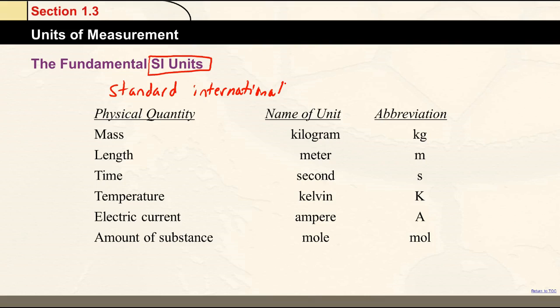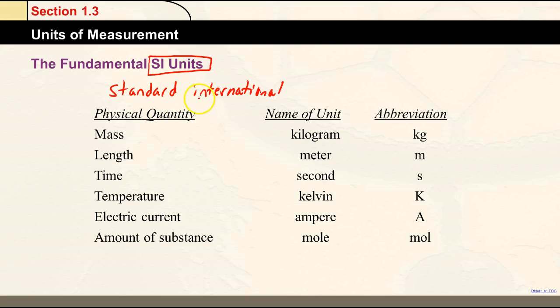So scientists in the United States can talk to a scientist in another part of the world, in Europe or in Asia, and they're all going to have the same units attached to the same numbers. So they can talk about their research and know that all of their numbers mean the same thing without having to change kilometers to miles or miles per hour to kilometers per hour. All of their numbers are going to have the same units because they use the same standard international units for all scientists around the world.